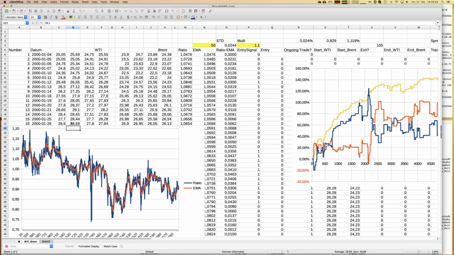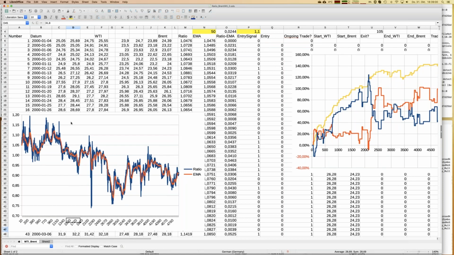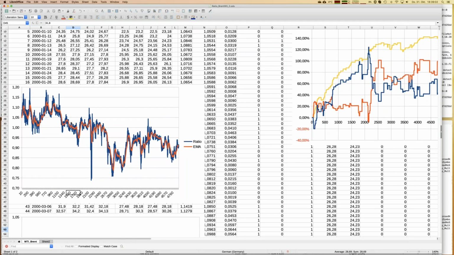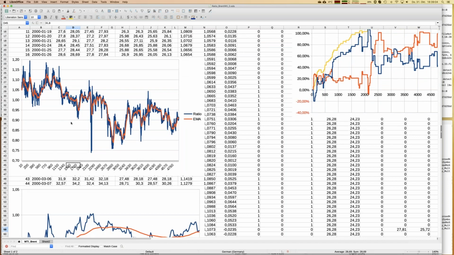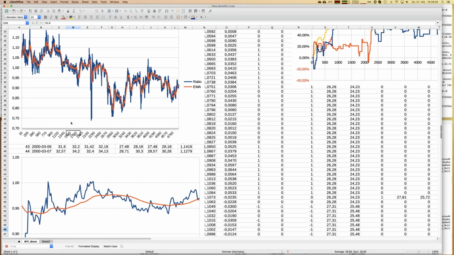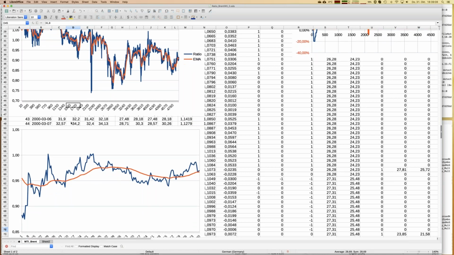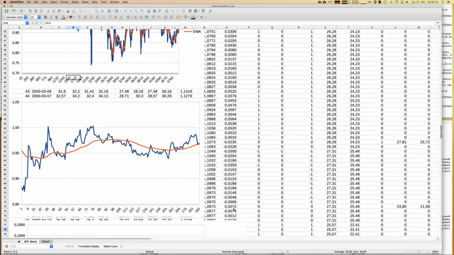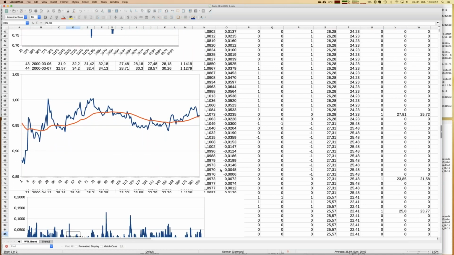And let me zoom in to one case first, at the beginning of the graph. It's the same graph, but only the first 190 days. I hope it will stop now. Yeah, now it's stopped. So we have the EMA, and now you can see those extreme situations.